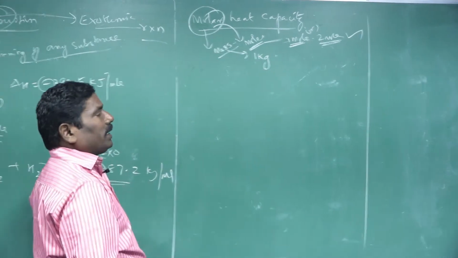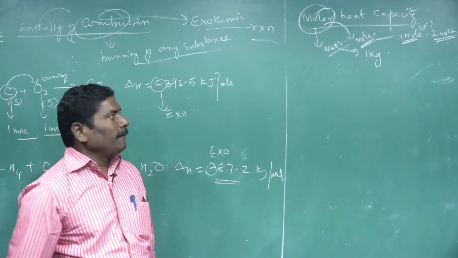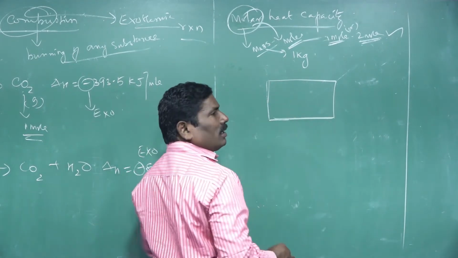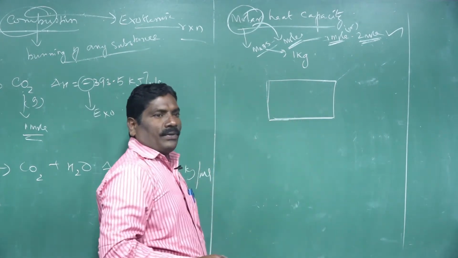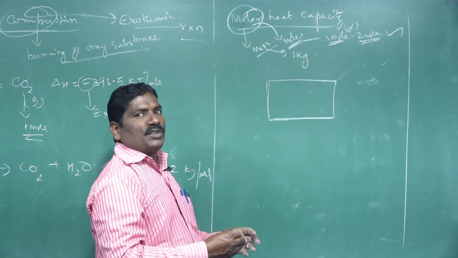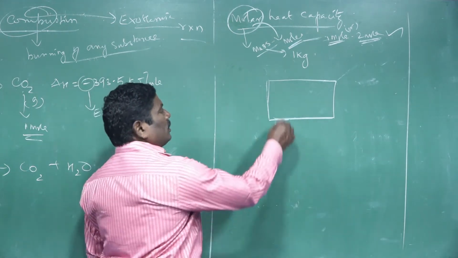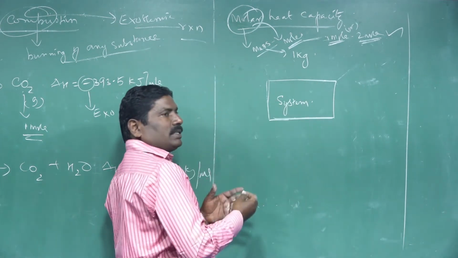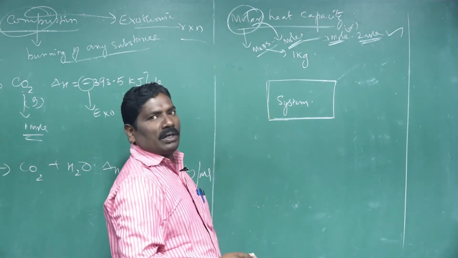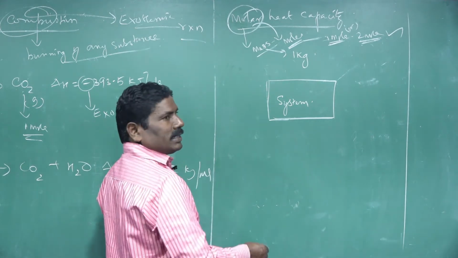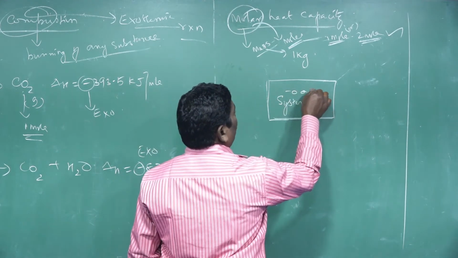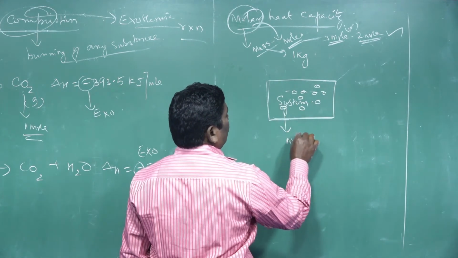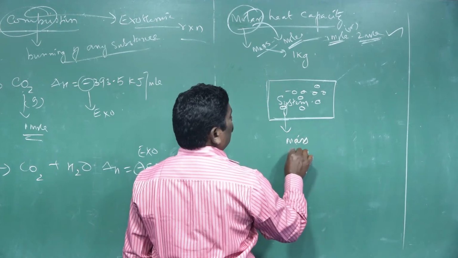Now what is molar heat capacity? Take for example a system. The system can be an engine or anything that is functioning, containing a fuel. The system contains molecules, so we can write the mass of the substance or the moles of the substance.